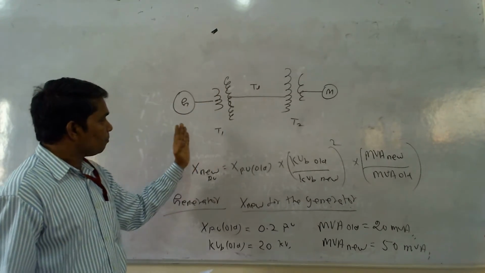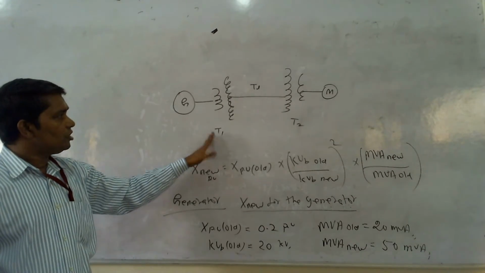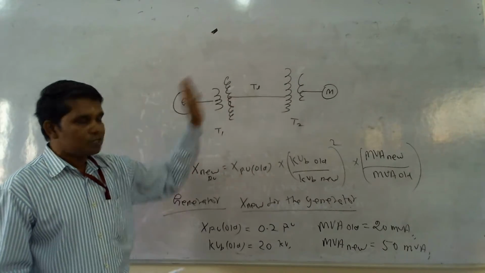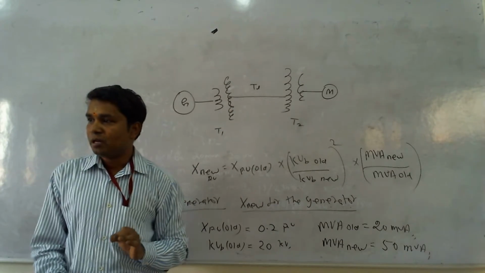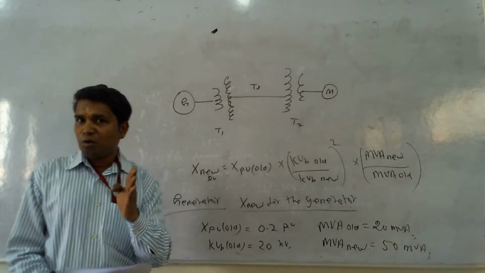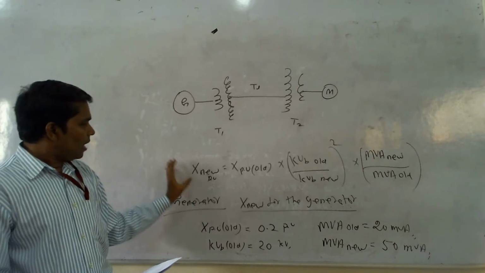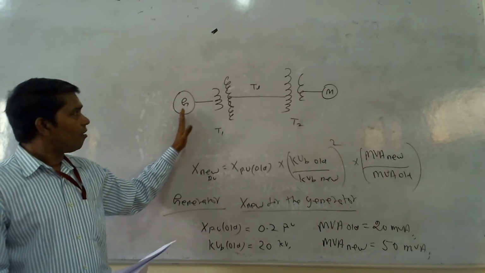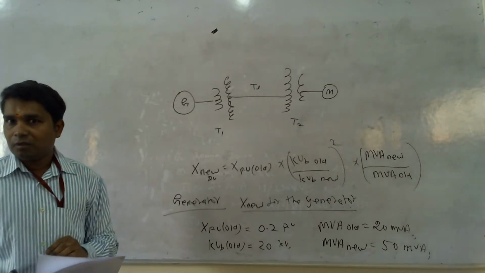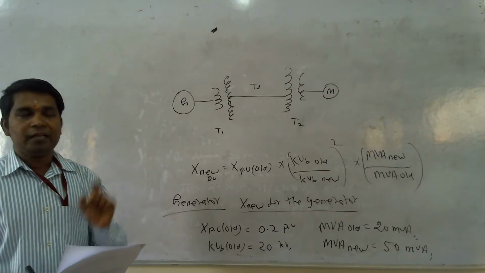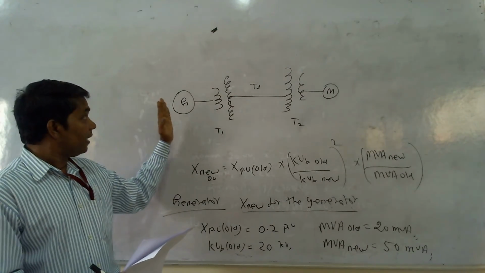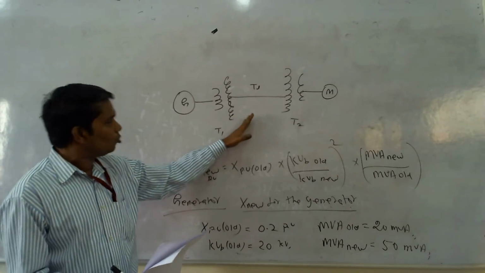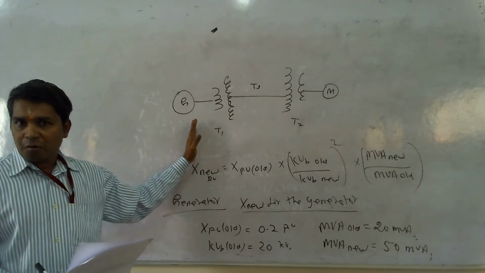You can see that here transformer 2 is connected on the secondary side of the transmission line, right? But now we are going to calculate the reactance for the generator. The generator is actually connected on the primary side. We have to think here, right? Because the generator is not directly connected to the transmission line, but it is connected to the primary of transformer 1.